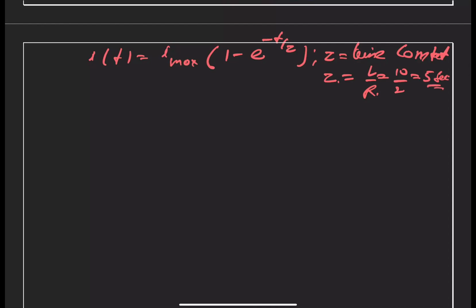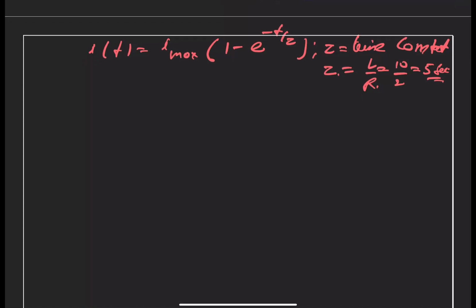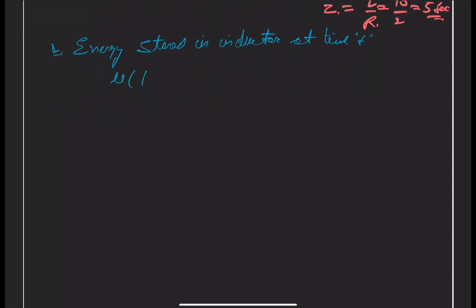And at any time t, the energy stored in the inductor is half Li square. So the energy stored in the inductor at time t, let us call that U of t, is half Li square.